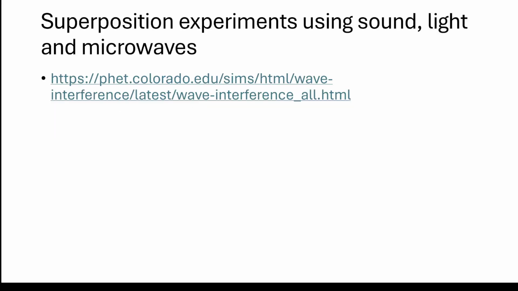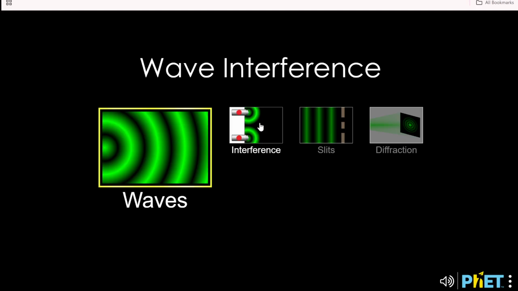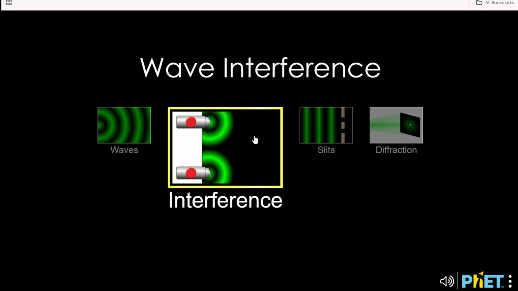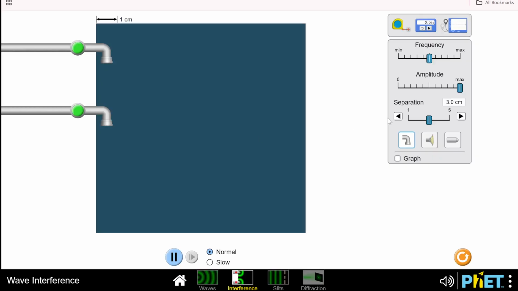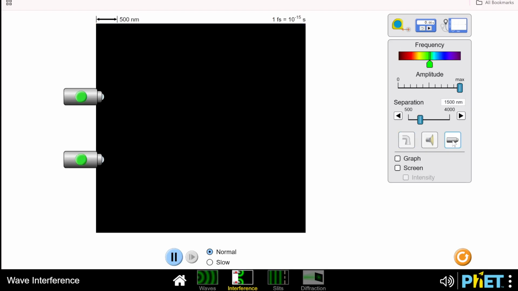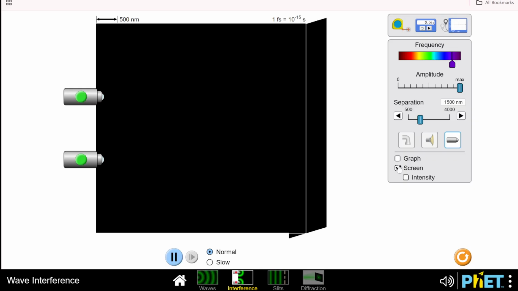Okay, just wanted to show you this animation. Just bear with me, let me take you to this animation. Alright, so this is what I wanted to show you. Let's choose the lasers. So these are my lasers. I'm using less wavelength. Higher frequency means less wavelength. I need a screen.